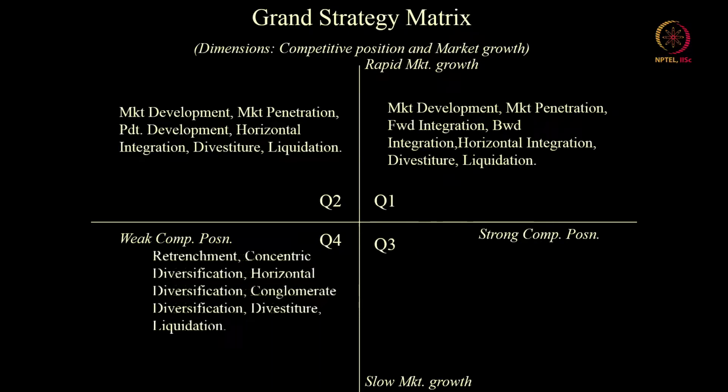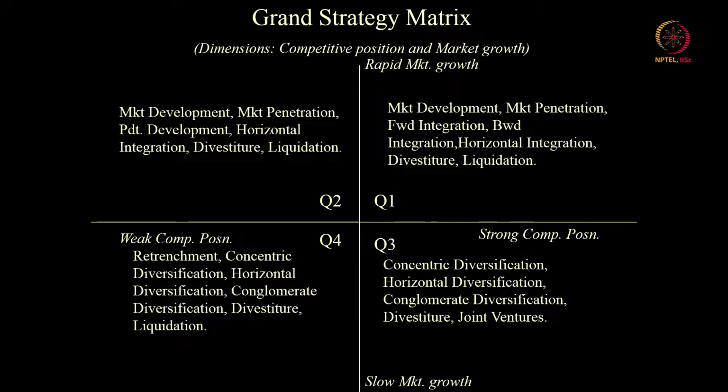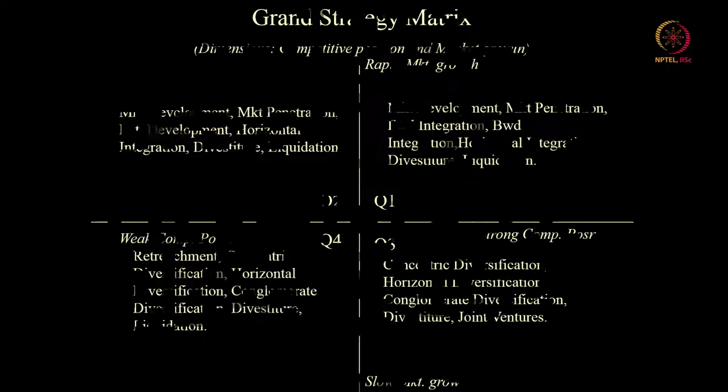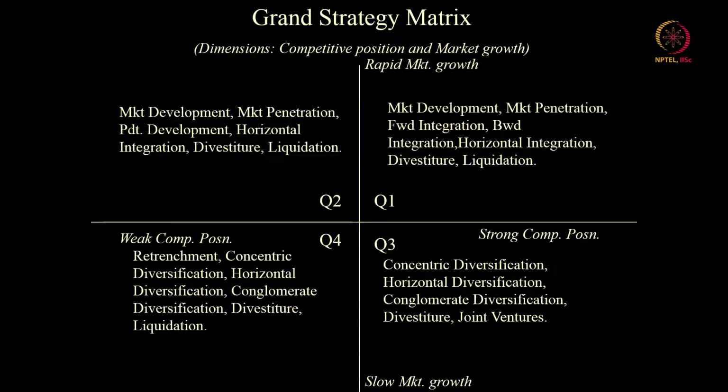And sometimes this gave a few new matrices also. One thing which he gave was what is called the grand strategy matrix with respect to competitive position and market growth. So, you have market growth going from slow to rapid and competitive position going from weak to strong, and you have the 4 quadrants, that is, just look at one quadrant.